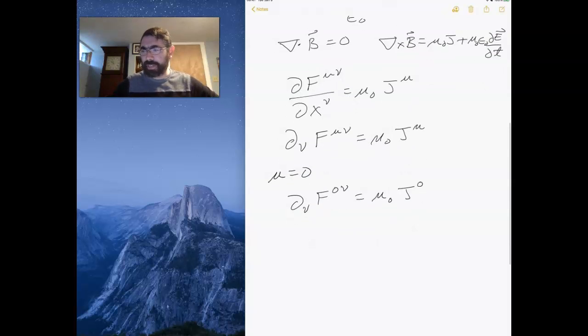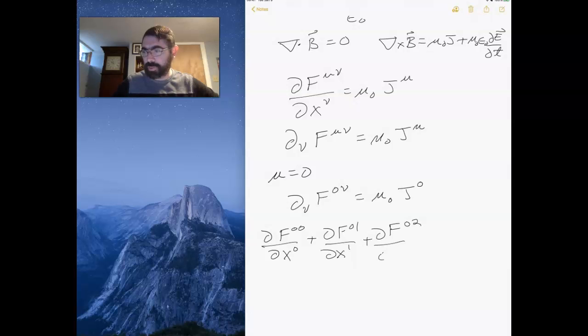And when I write out this divergence or dot product, it is the derivative of F^00 over x0 plus the derivative of F^01 over x1 plus the derivative of F^02 over x2 plus the derivative of F^03 over x3. And now if I write that out, then what I get is 1 over c, F^00 is 0.